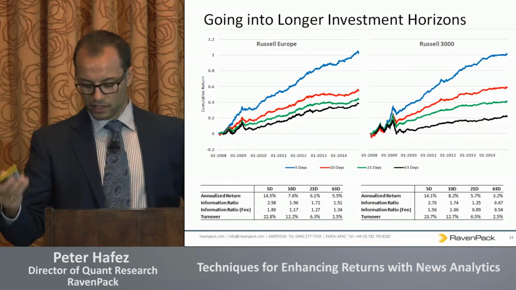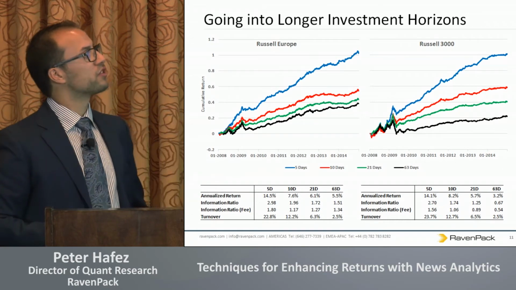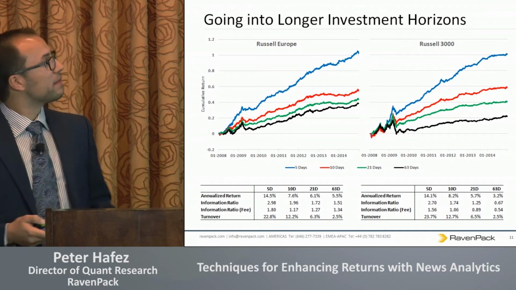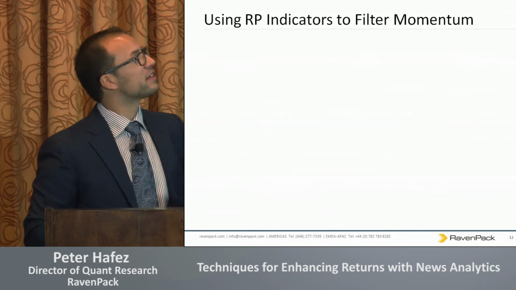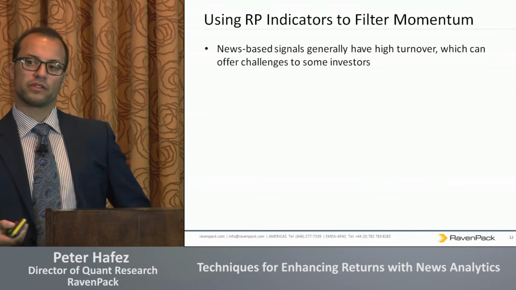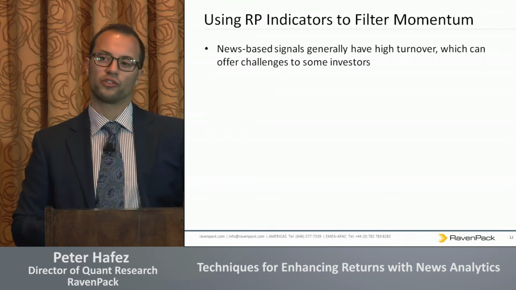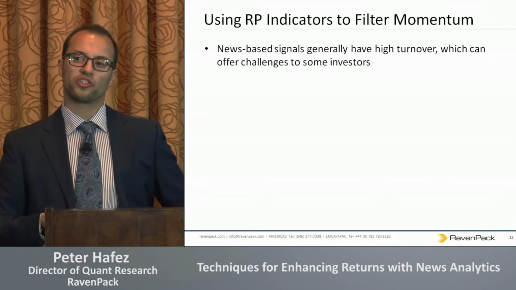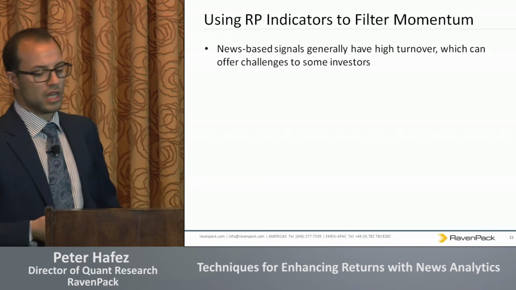So that's an example where we just took the indicator as a standalone. But as I mentioned, news-based signals tend to have relatively high turnover if you look at it from a standalone perspective. And that can be challenging to some investors.